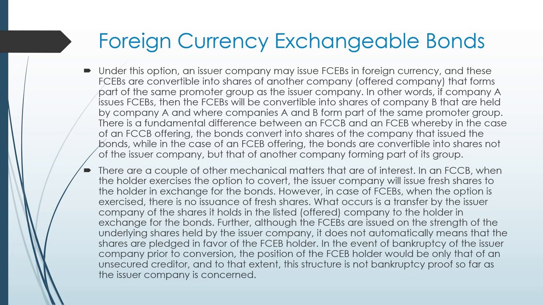So what we are saying is that we don't pledge shares in case of FCEBs. There's generally a transfer of shares from the parent company to the promoter company, but it's not always certain that these shares would be transferred, because in case of bankruptcy, these shares won't be transferred, and since FCEB holders are unsecured creditors, they lose their funds.